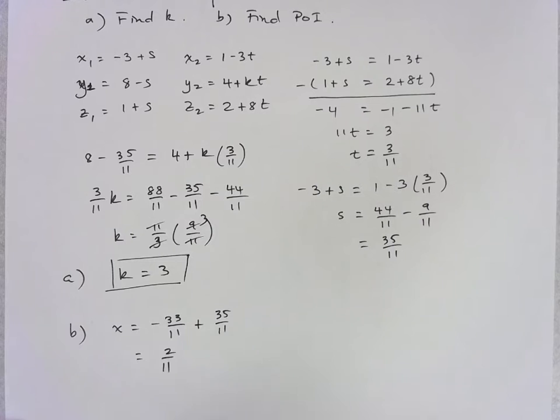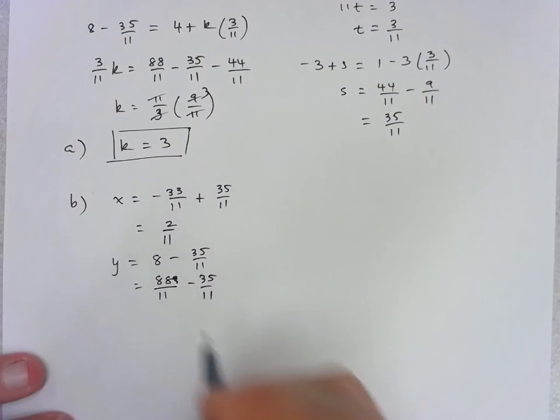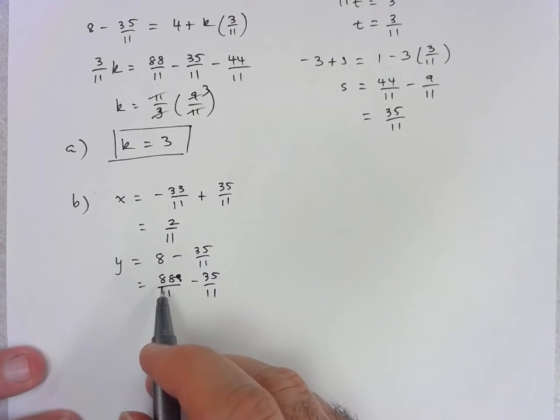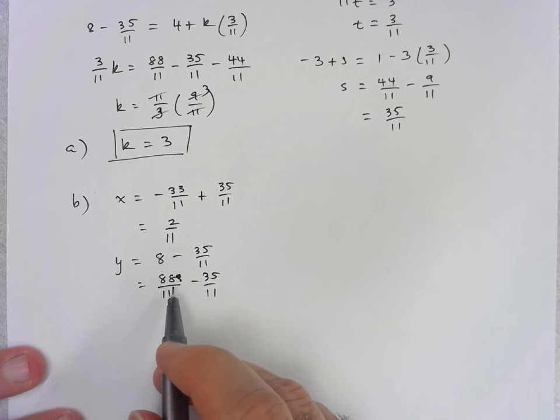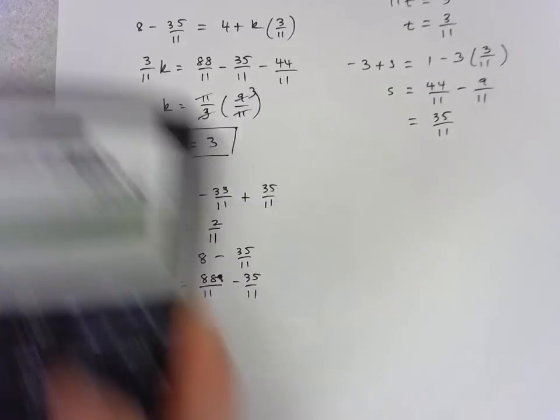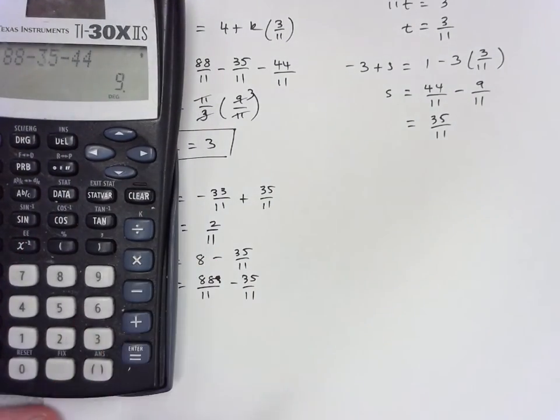Okay, so now let's go to the y value, which is 8 minus s. So 8 minus 35 over 11. So I should have put this over 11. So it's 88 over 11 minus 35 over 11. Oops, sorry, make sure you can see that. Let's just use the calculator, brain's not working this morning. 88 minus 35, oh, it is 53.